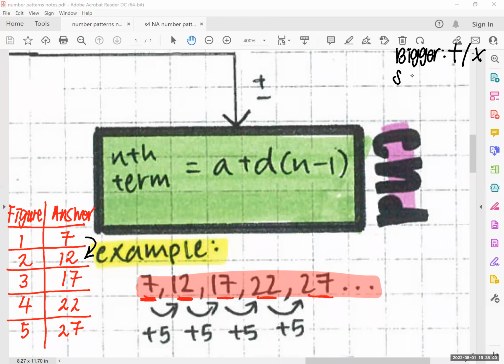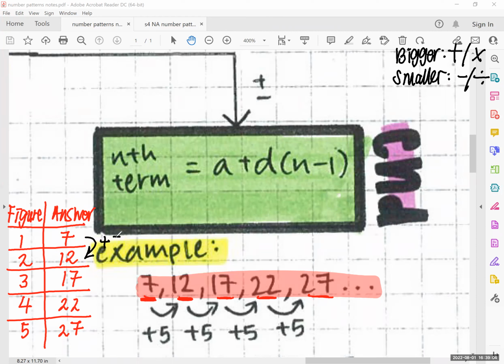Whenever it's getting smaller, we look at signs like minus or divide. Understand? So from 7 to 12, what sign do you use? Plus. Plus how much? Plus 5.